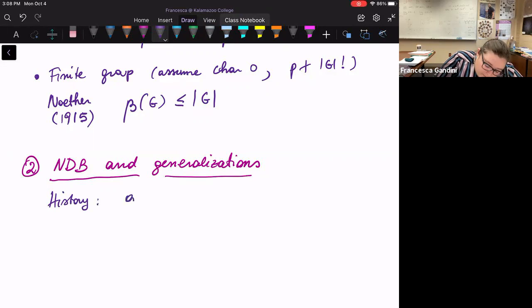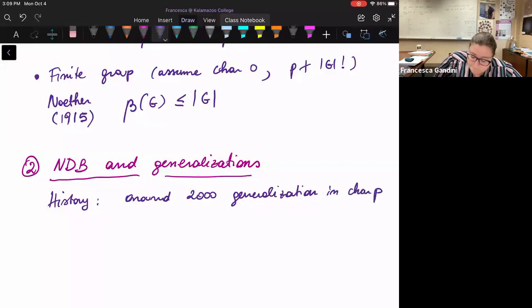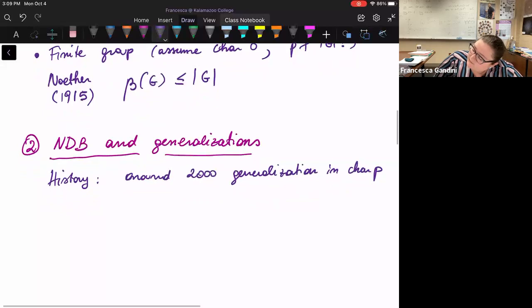Around 2000, it's more than 20 years ago. Can you believe that? So around 2000, people were working on generalization to characteristic P. And there were several approaches.